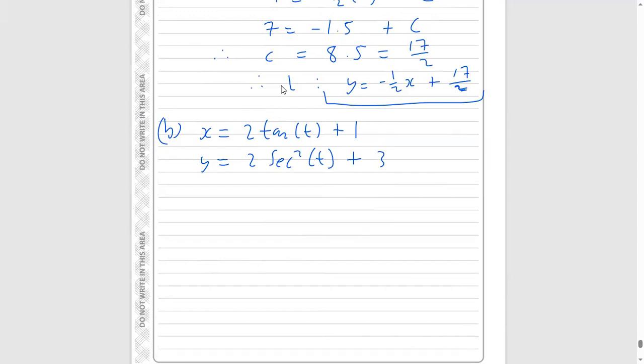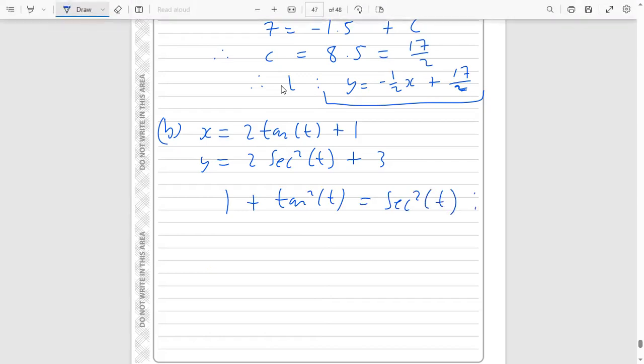So I'm thinking, how can I change this formula for y involving sec squared into tan? I remember my trig identities, and hopefully you do as well. I know that 1 plus tan squared t is equal to sec squared t.